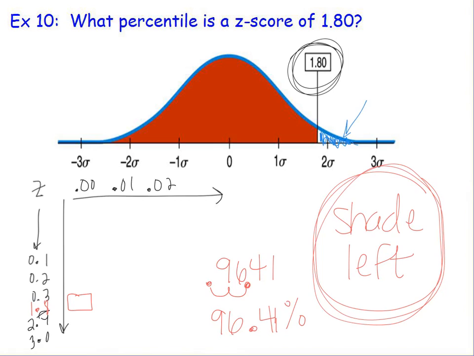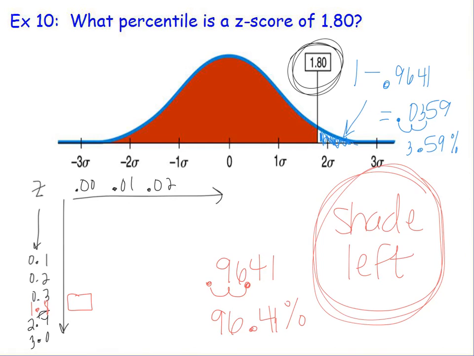So if this is the side that I need, then whatever number I get off my blue sheet, 0.9641, I simply take 1 minus that answer, and that number would give me the other side, which would be 0.0359, or, moving my decimal 2 spots, 3.59%. So if you shade left, you're done when you look it up on the blue sheet. If you shade right, you have to take 1 minus that answer.